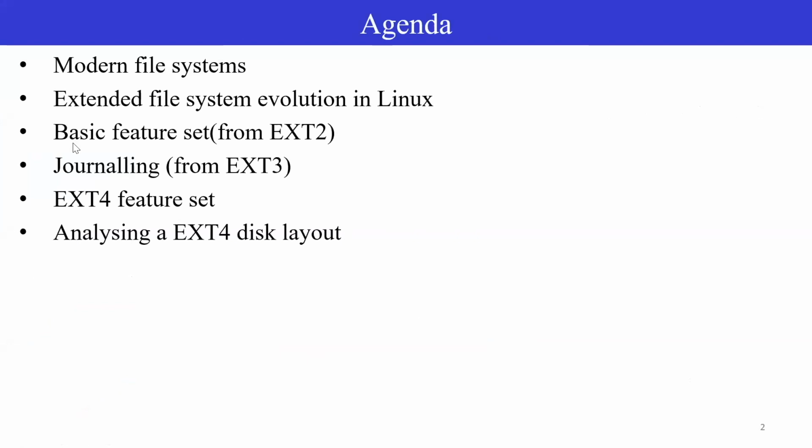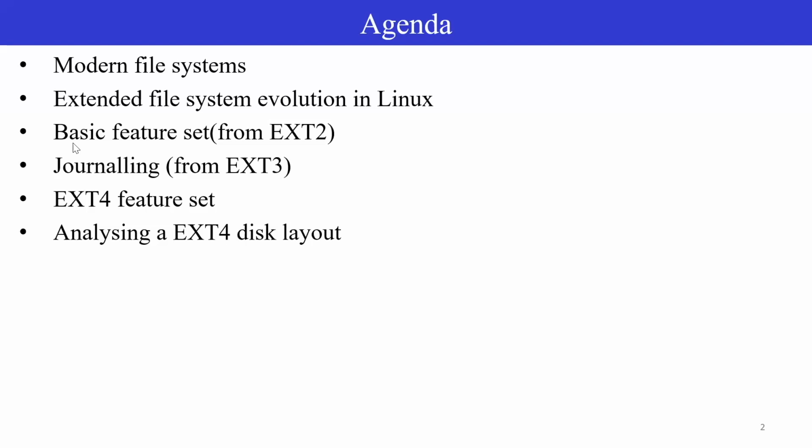So the agenda for this particular talk is modern file systems, the requirements out of the prevalent file systems as of now, and the evolution of the extended file system in Linux. All these file systems, EXT2, EXT3, and EXT4, start with EXT. They mean extended file systems.